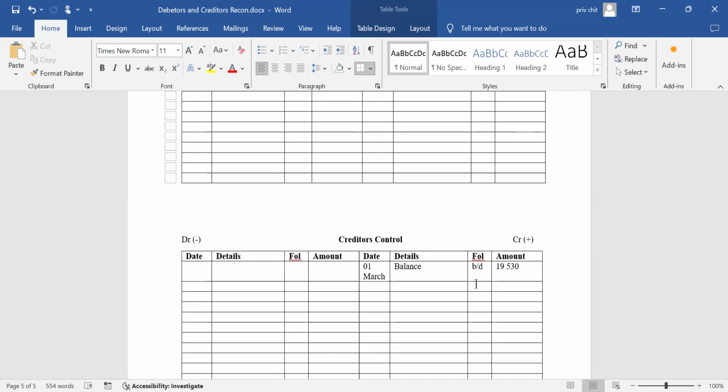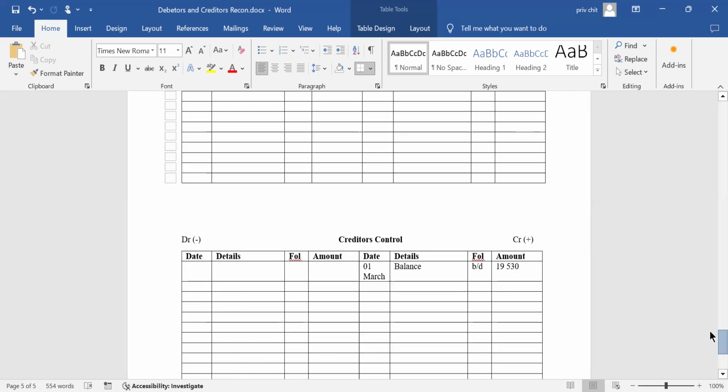Does that increase the creditors control or does that decrease the creditors control? That's my question. Decrease. It has to decrease because if we're owing a certain amount and we pay a certain amount, definitely it has to go down.